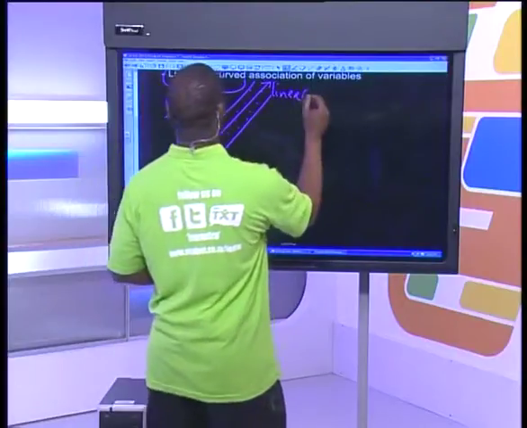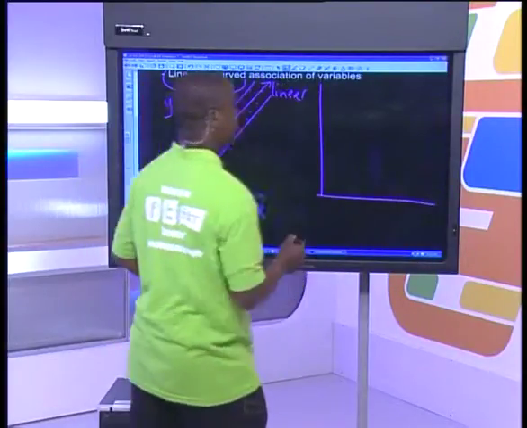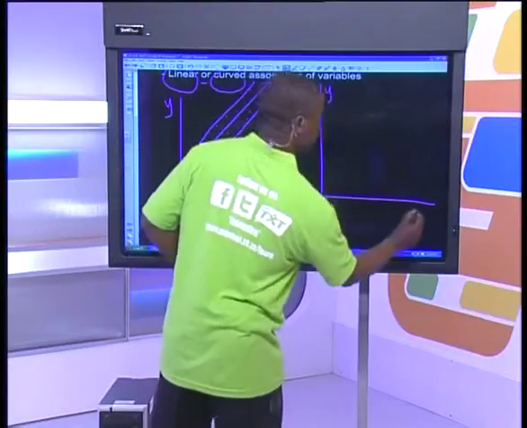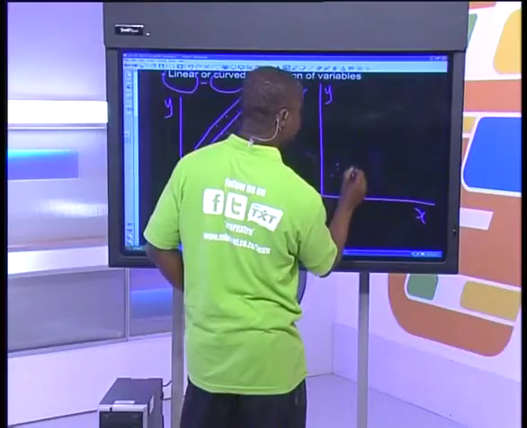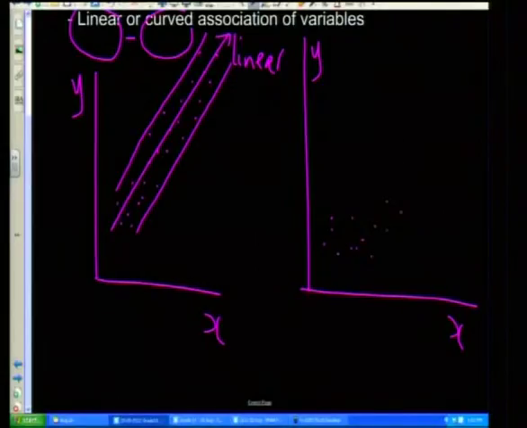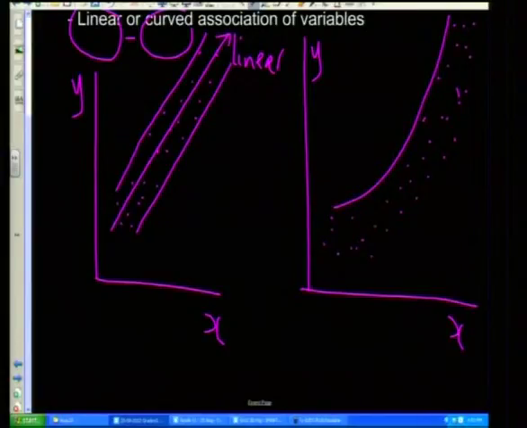All right, the other one would be typically data that is, let's say, coming out clearly in a form that is describing some kind of curvature. When you have that, the only way to draw the boundary is to come up with a curve.